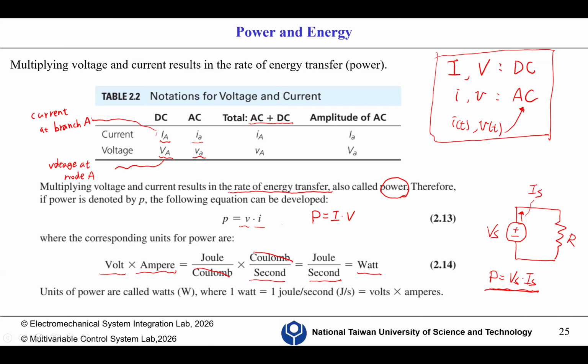And so 1 watt equals 1 volt times 1 ampere. So you have the unit of power called watts, and we use capital W to represent watt.